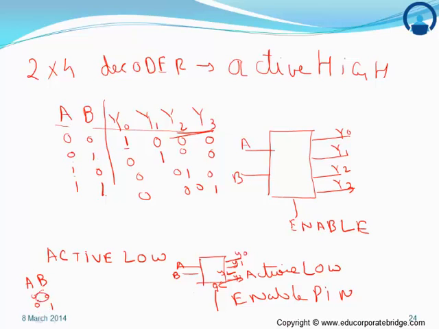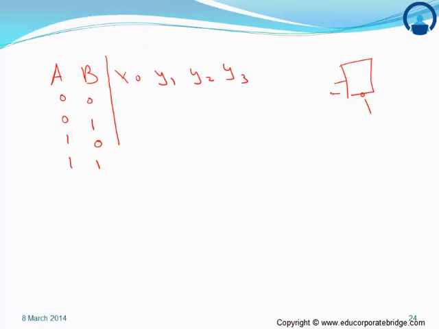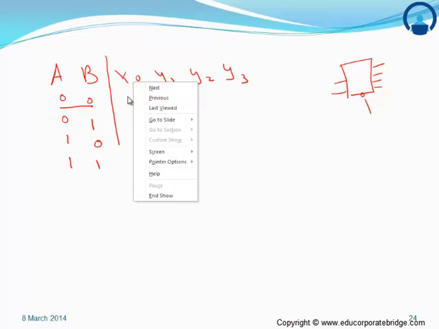For active low, the inputs A B are 00, 01, 10, 11, and the outputs are Y0, Y1, Y2, Y3. Active low decoder outputs are always represented by 0 for the selected pin. In this case, AB is 00, so pin Y0 is selected.